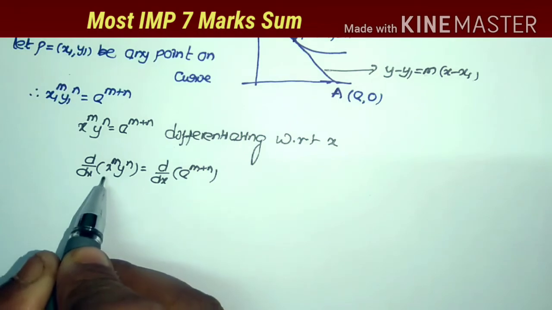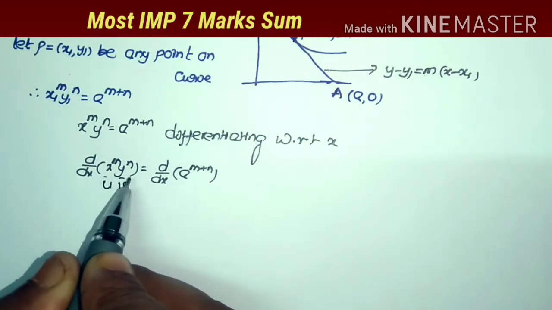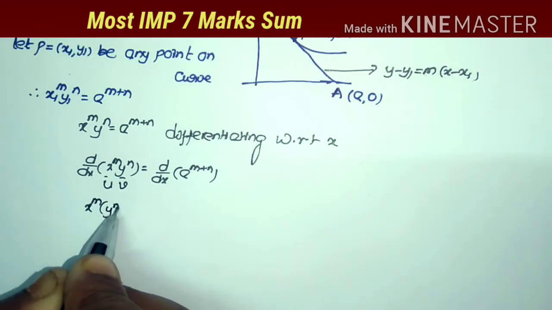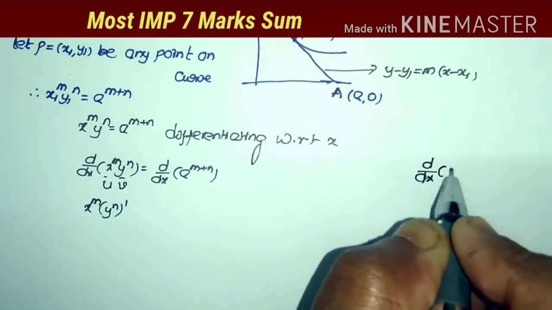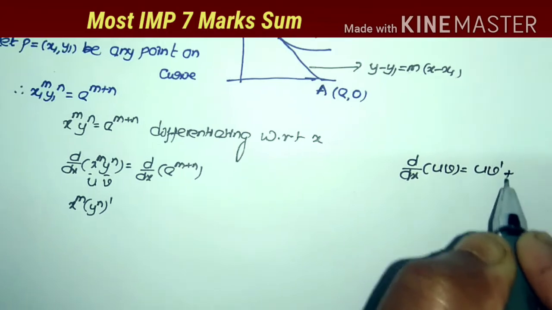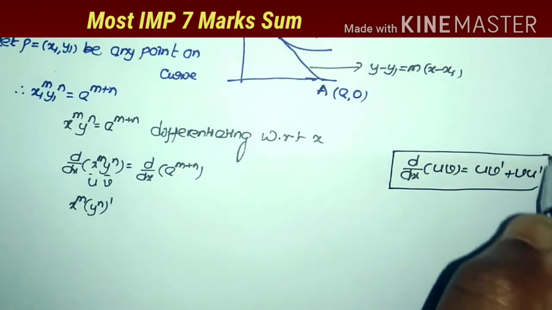Now this is the UV rule, the product of two variable functions. That is (x^m y^n)'. What is the UV rule formula? d/dx of uv = u v' + v u'. This is the formula of d/dx of uv.